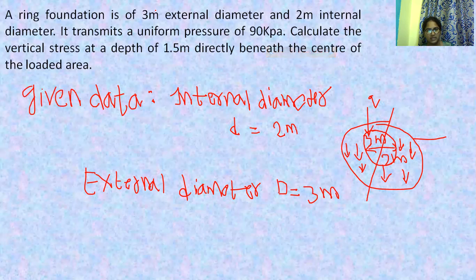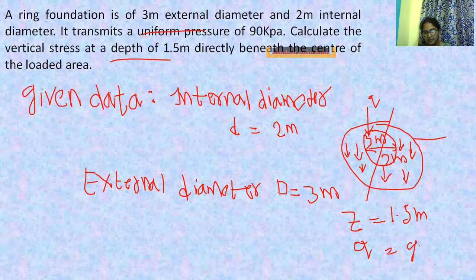The vertical depth z is equal to 1.5 meters. And the load is a uniform pressure, so that pressure q is 90 kPa, which is 90 kilonewton per meter square.